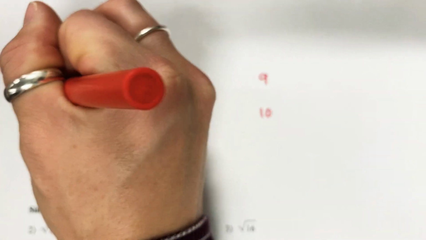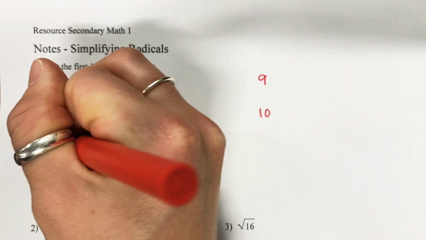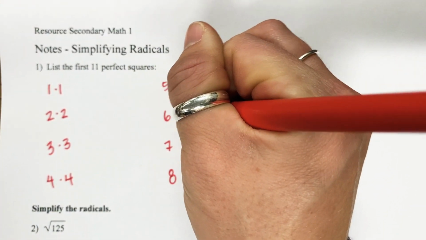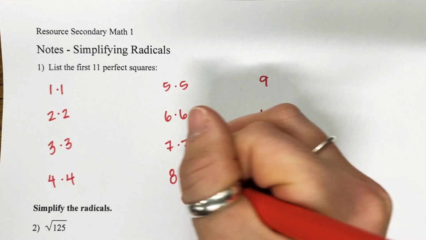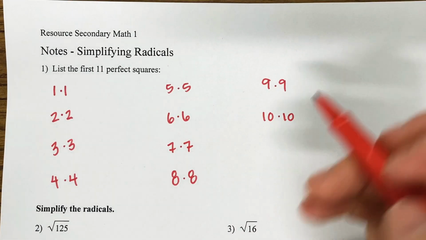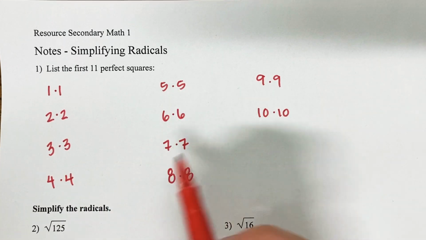Okay, so what is 1 times 1? Right now on your list, multiply each of these numbers by themselves. So 1 times 1, 2 times 2, 3 times 3, 4 times 4, and so on.